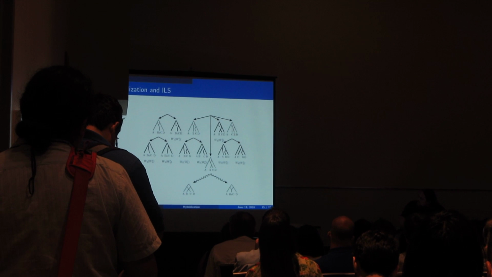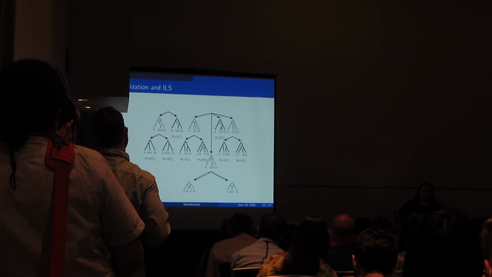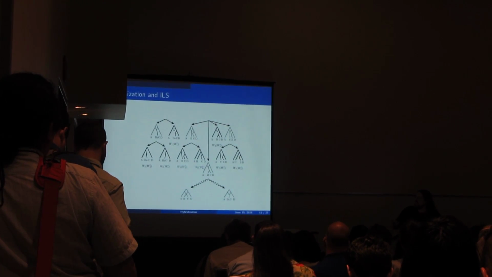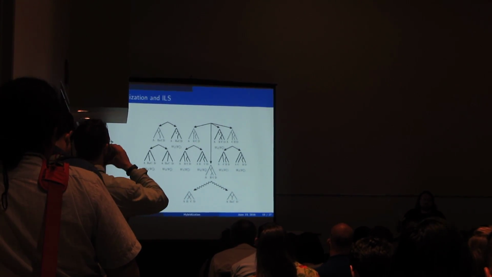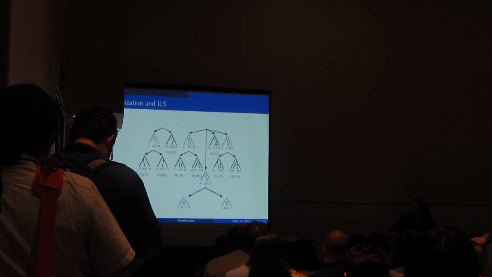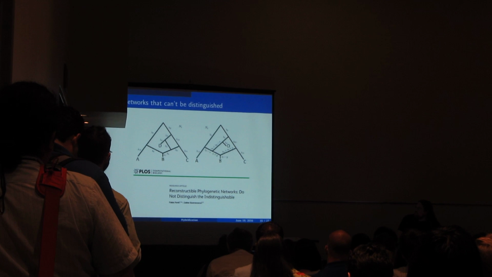And in this case, you end up with 14 of these parental species trees that you're conditioning on. So it ends up being fairly complicated. You end up with these mixtures of all of these trees. But the approach is one way of doing it.